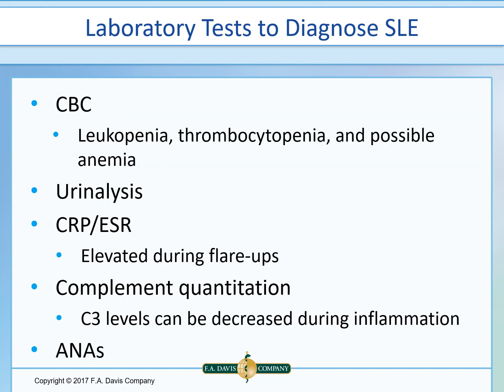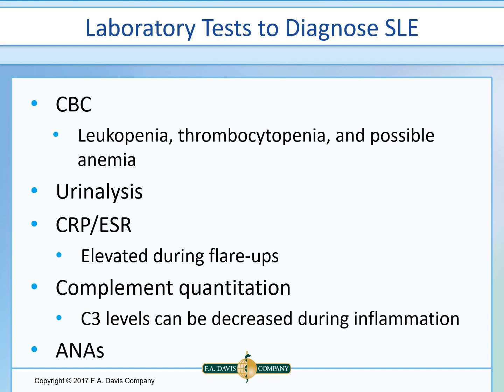Various general laboratory tests can be used in the initial evaluation of patients for lupus, including a complete blood count, known as a CBC, performed in the hematology lab to determine if the patient presents with leukopenia, thrombocytopenia, and possible anemia. Urinalysis can be done, as we saw that there is renal involvement.